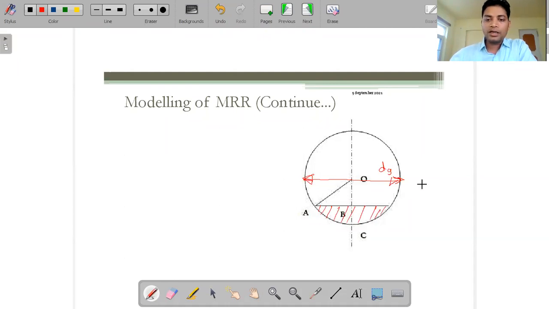So for the brittle material, the material is removed in a semi-sphere, and for the ductile it is different. What the volume will be, we discussed yesterday as well. Initially the grit impinges over the workpiece surface and then indents inside.